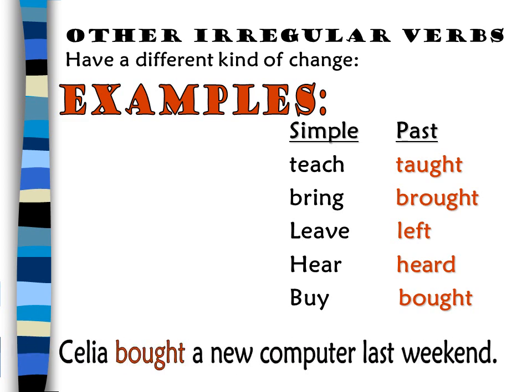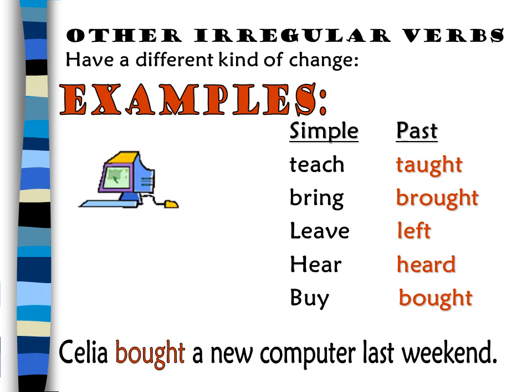Example, Celia bought a new computer last weekend. So you can see here, guys, the differences are really various. We have differences in the forms of irregular verbs, and they have to be memorized. Irregular verbs are not the same, all right? They have different changes, so they have to be memorized and remembered to be able to use them in English conversation correctly.